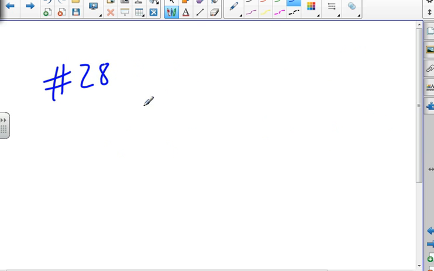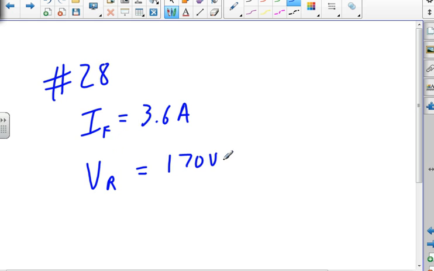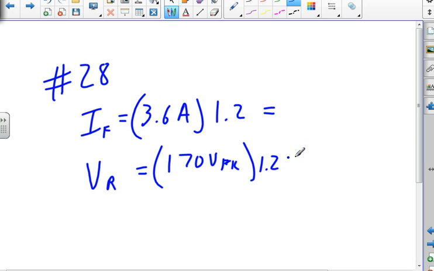So 3.6 amps is my forward current that I need. And my reverse voltage, 170 volts peak. And I'd probably take both of those and multiply them times 1.2 so that I'd have a design margin before I looked on the other page.